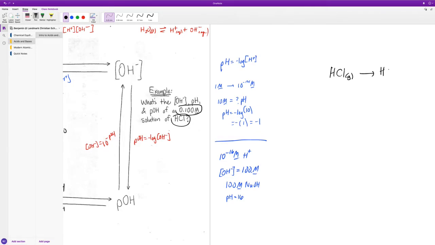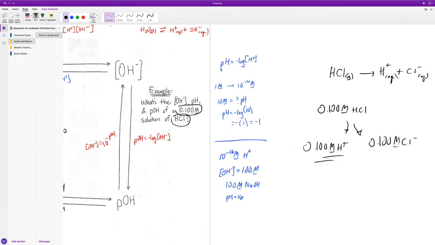That means it undergoes 100% dissociation in water. So if you have a 0.1 molar solution of HCl, that is going to be 0.1 molar H plus and 0.1 molar Cl minus. Now, which one of these is relevant for what we're talking about? This one right here, the H plus concentration.